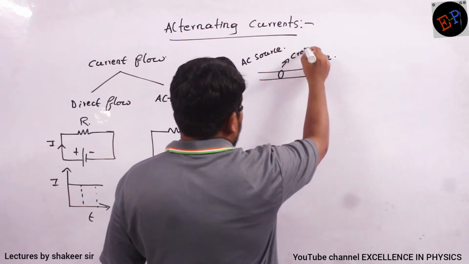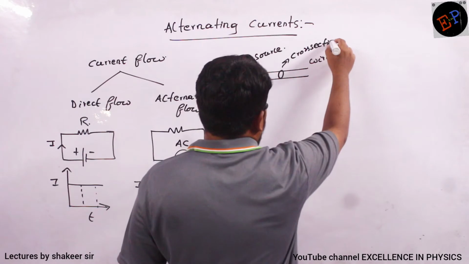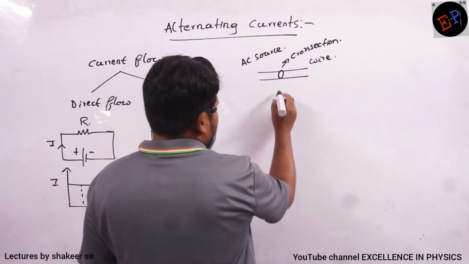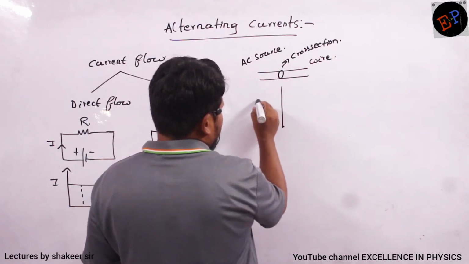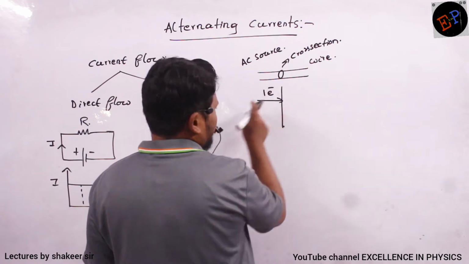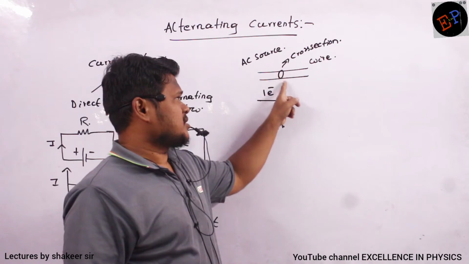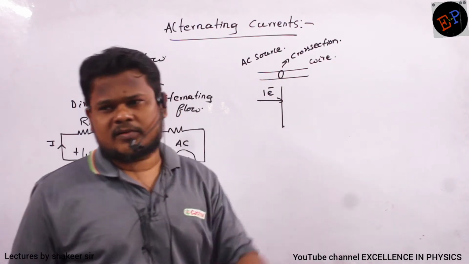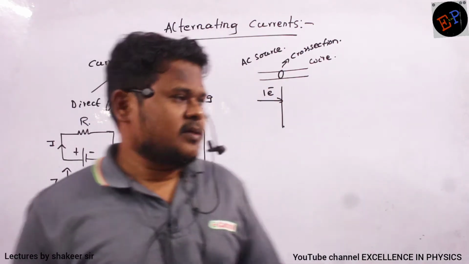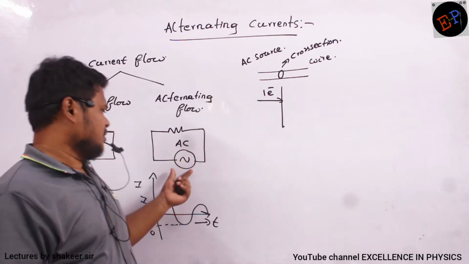Are you able to understand, ma? I am checking some cross section in a wire and counting how many electrons are flowing in 1 second, with the AC source given.